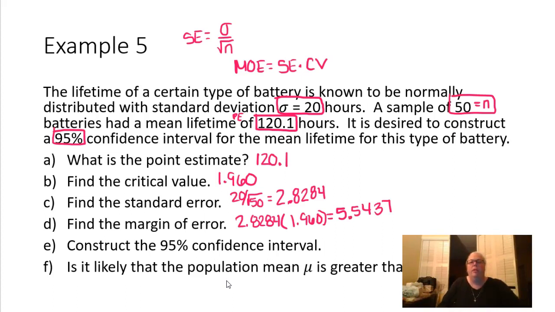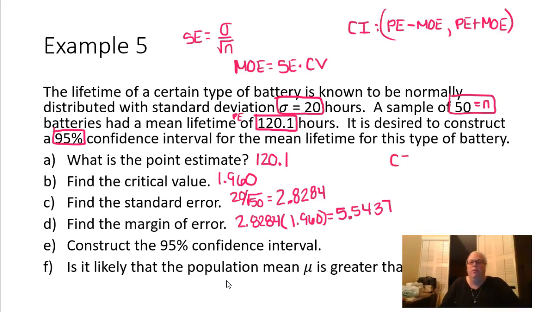All right, our confidence interval. Well, we said our confidence interval is just going to be our point estimate minus the margin of error, and then we need to find our point estimate plus the margin of error. And then remember, once we have these numbers, we put them in the parentheses there, and we list our confidence interval that way.